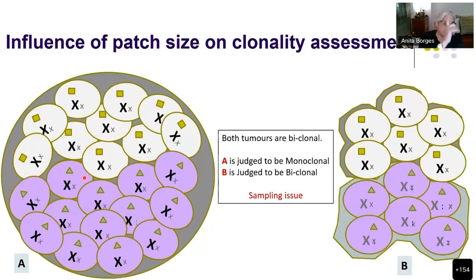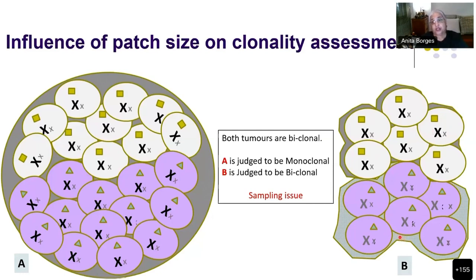Because the same X chromosome has been inactivated, because there is a large patch, say in the liver, all of it with the X chromosome inactivated, but there are two tumors in that patch. One has got one mutation, the other has got another mutation, and it's growing in that patch. You do X chromosome inactivation to see whether this tumor is monoclonal, and you will find that it is. But on the other hand, look here, it is biclonal, okay, but the patch is small.